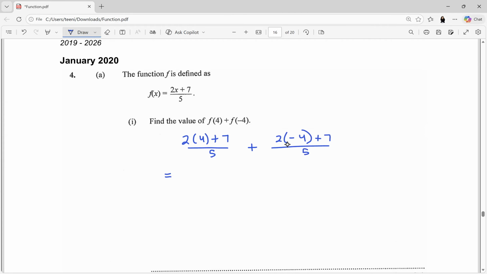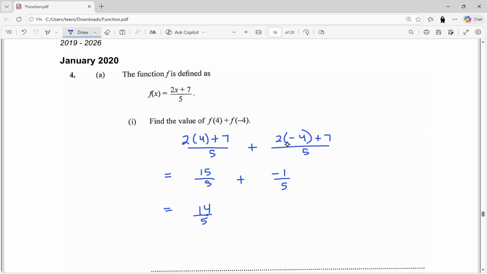So that would give me 2 times 4 is 8 plus 7 is 15 over 5, plus 2 times negative 4 is negative 8 plus 7, which is minus 1 over 5. So this would give me 15 minus 1, which is 14 over 5. That's the answer.